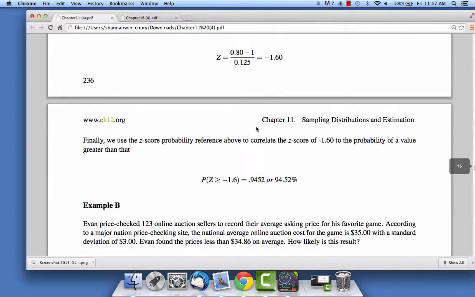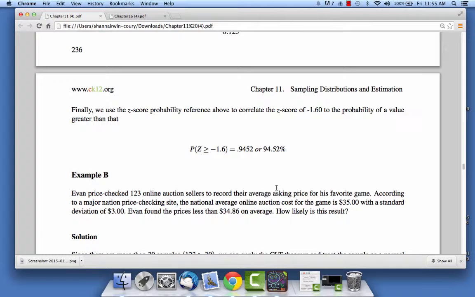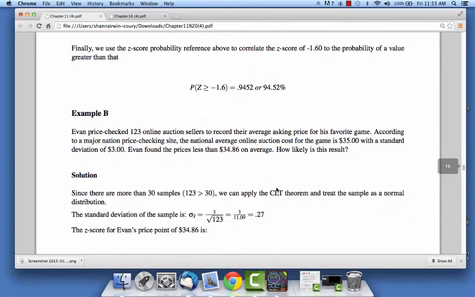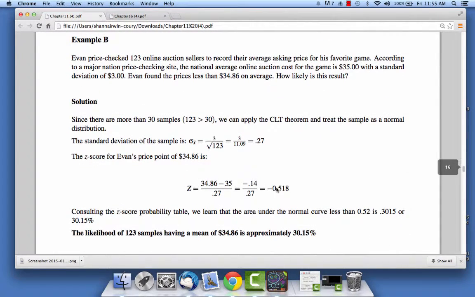Okay, now you pause here, and I'm about to pause also and save. So you see if you can do this example. Okay, so here's the solution for that one.